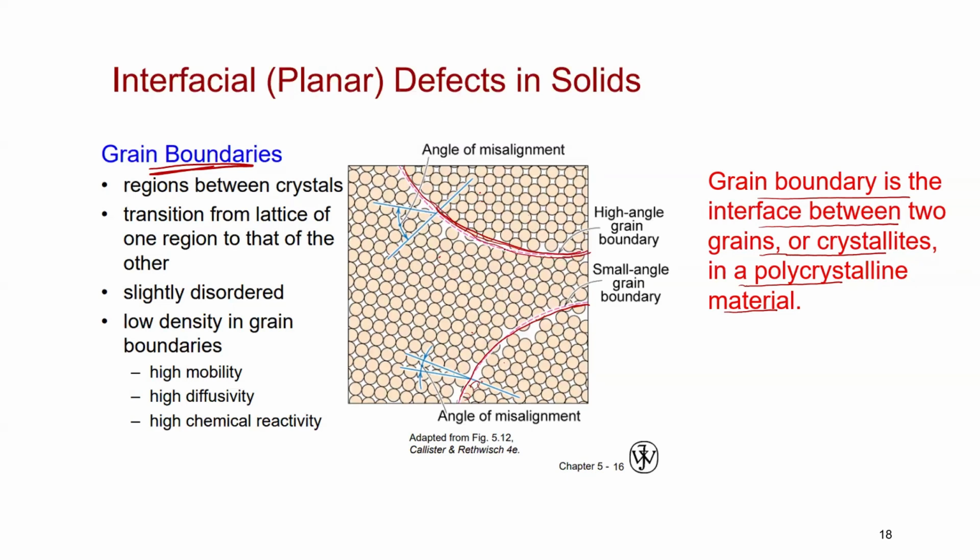The space in between the two grains we call the grain boundary. So regions between crystals we call grain boundaries. The transition from the lattice of one region to that of the other is the grain boundary defect.